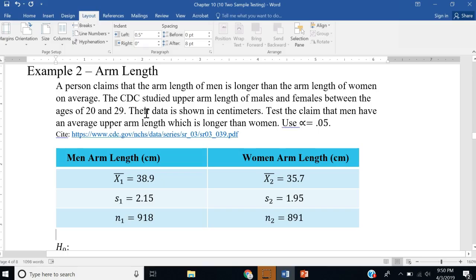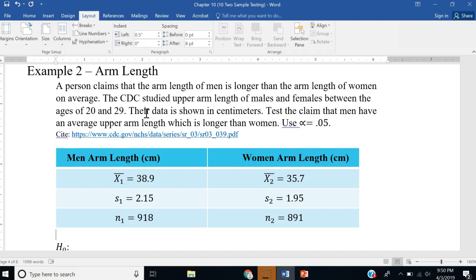All right, so let's go to this problem in the notes. A person claims the average arm length for men is longer than the average arm length of women. All right. So again, we look at CDC data, and they looked at the upper arm length of males and females between, again, the ages of 20 and 29. So their data here we have in centimeters.